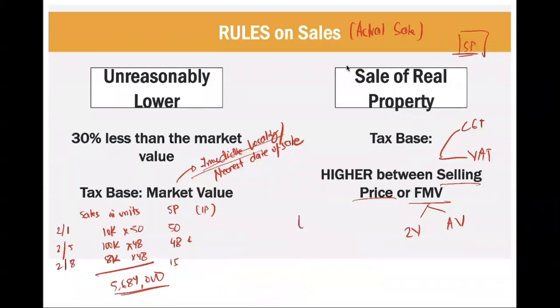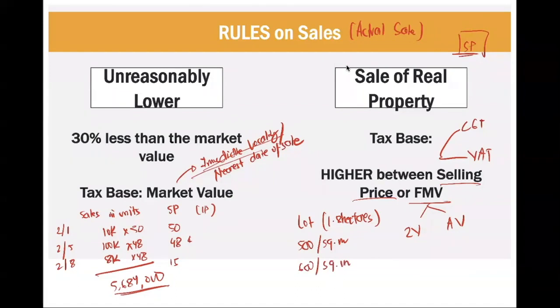So again, how do we determine the higher between your selling price or fair market value? So let's say you sold a lot, 1.8 hectares. The selling price is 500 pesos per square meter. And then the zonal value is 600 per square meter.